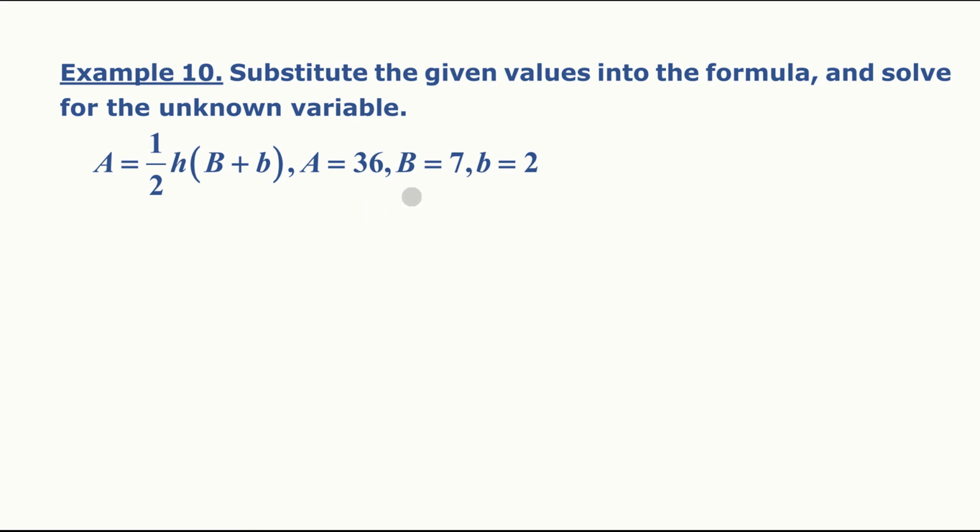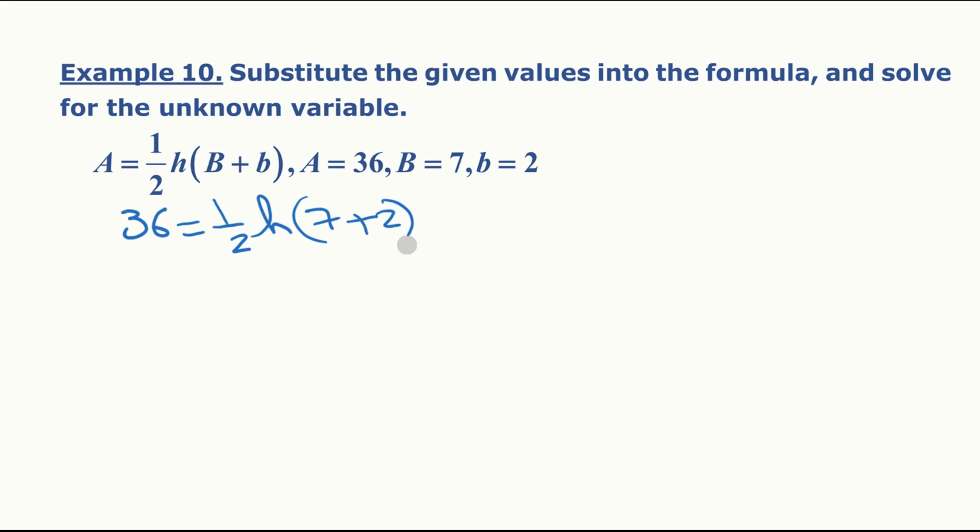So if we just plug in, notice A is 36, so we get 1/2. We don't have h, so that stays, and we know capital B is 7 and lowercase b is 2. And that brings us to this situation where the only thing left is h. So that's what we're going to solve for.